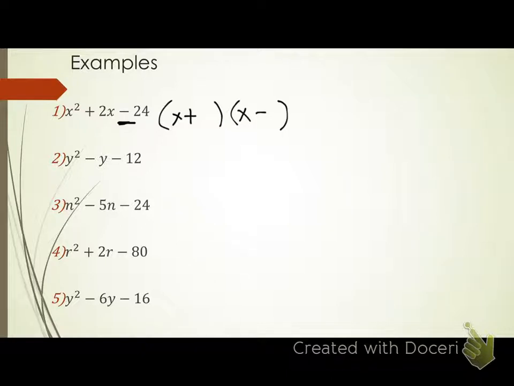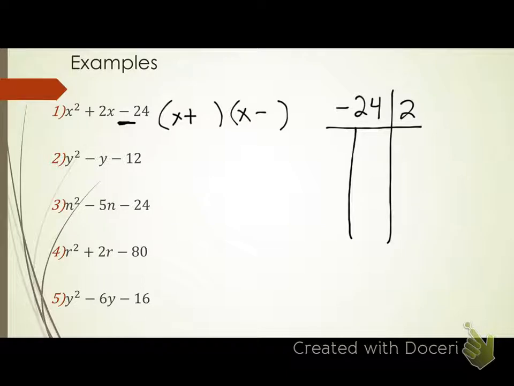So just like on our bell work, we're going to make our T-chart. So what goes in my first spot? Negative 24. What goes in my second spot? 2. So I want to list out all my factors for negative 24. So what would be my first factor? Negative 1 and 24.